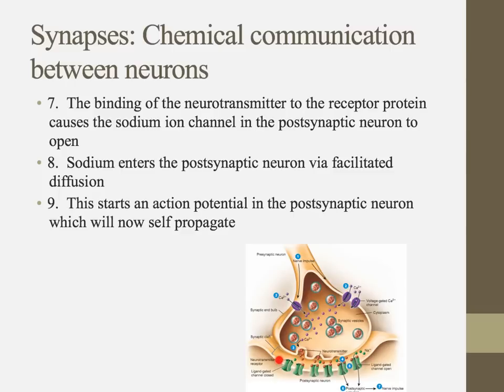When those neurotransmitters bind with those proteins, that binding is going to cause the sodium ion channels in this postsynaptic neuron to open. That causes sodium ions to enter the cell, and that's what's starting a new action potential now in the postsynaptic neuron. So we know that action potentials have to do with the entering of sodium ions. That happens because of the binding of the neurotransmitters.